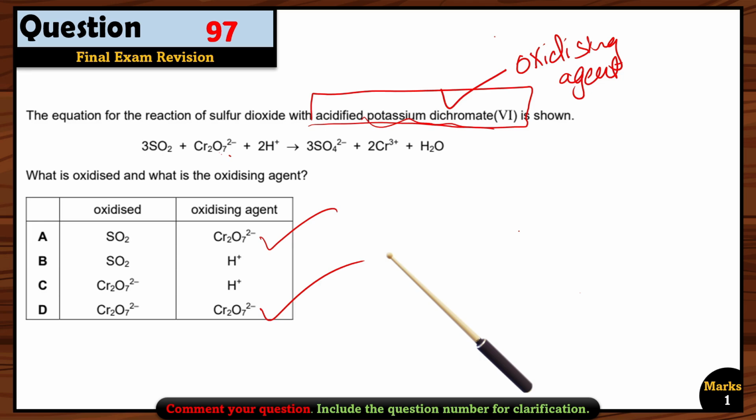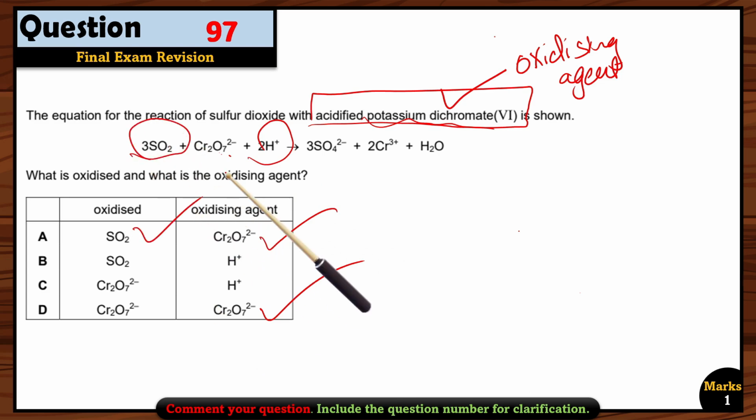The job of oxidizing agent is different. So if it is reduced, who will be oxidized? It can be H2 or H, or it can be SO2. We don't have H option, we have just SO2. So that's why option A is the right option, because sulfur dioxide will be oxidized. But this is the first trick you can find the answer, and that is option A. Okay, so option A is the right answer.